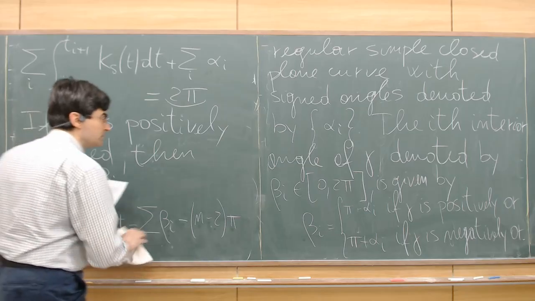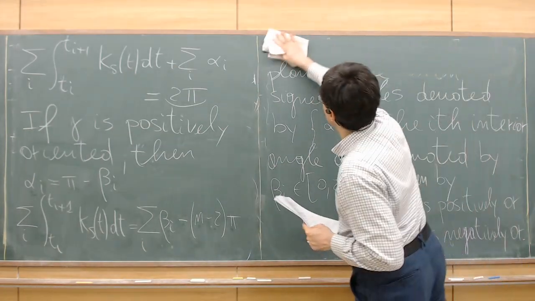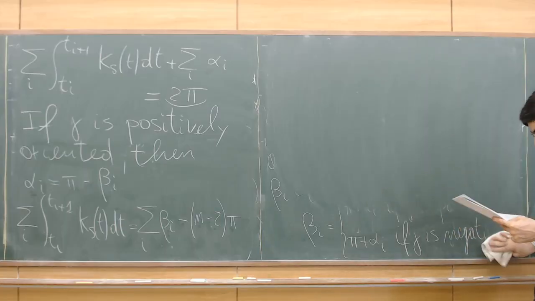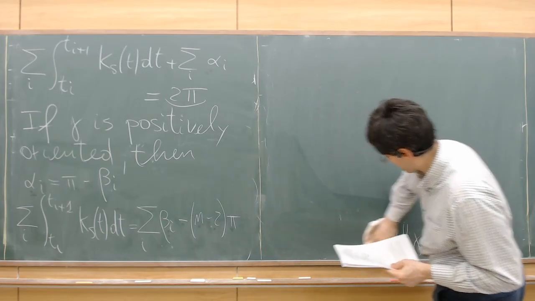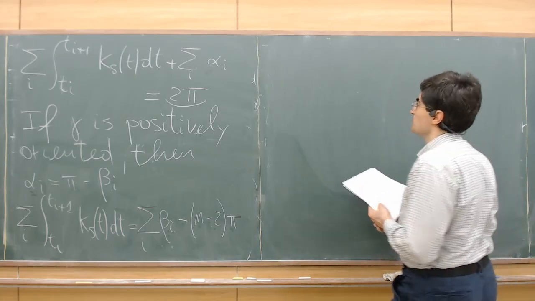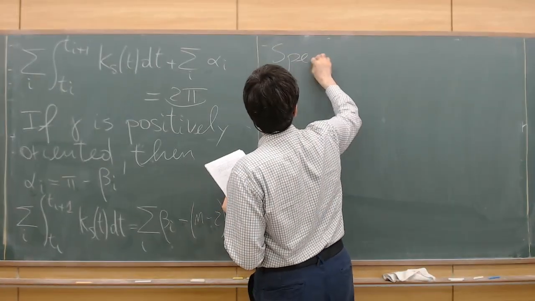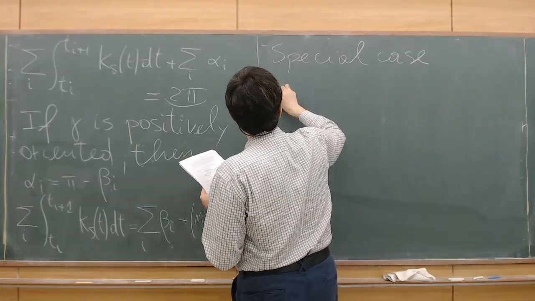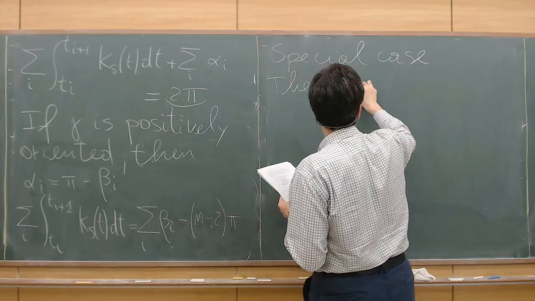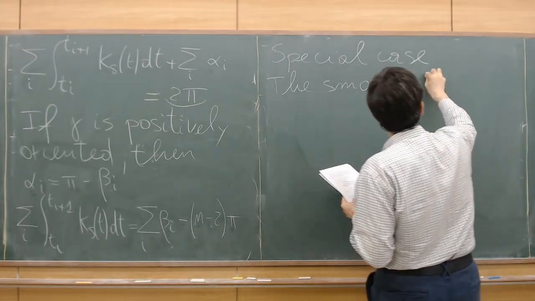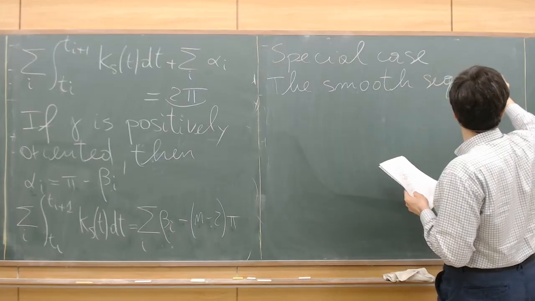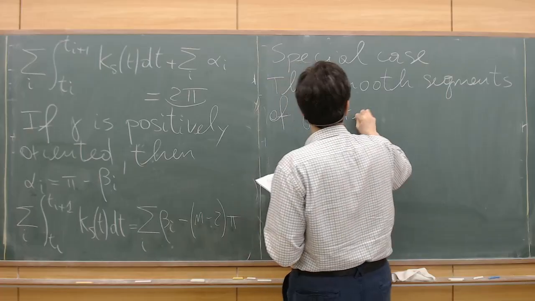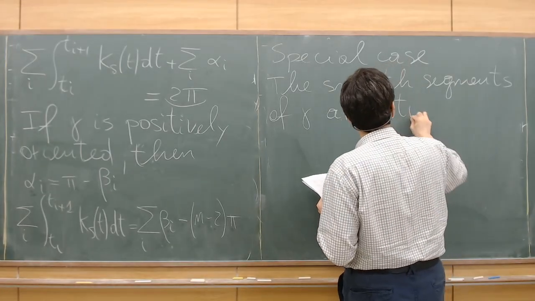I want to consider a special case. So special case is one where the smooth segments of gamma are straight line segments.